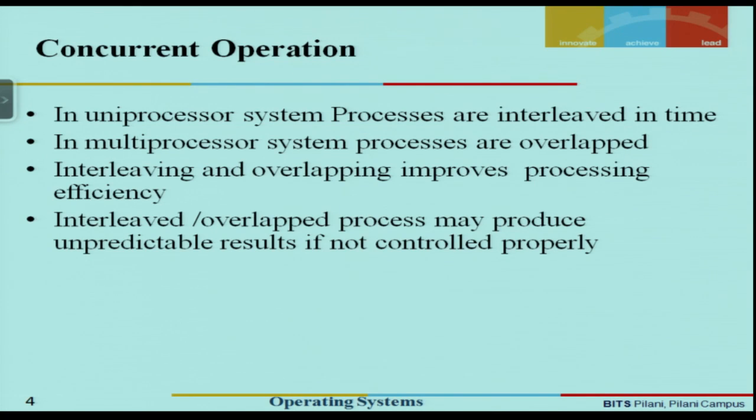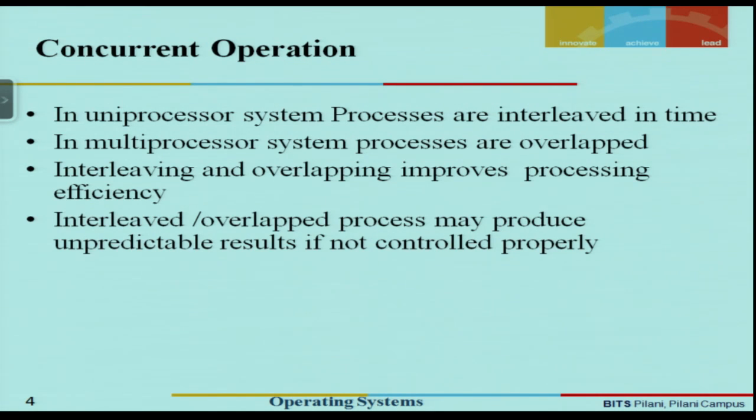We would also see that interleaving and overlapping of the processes would improve the overall processing efficiency. But one more thing we will observe is that if interleaving and overlapping of processes is not carried out in a controlled way, then the result produced by these processes could be unpredictable.